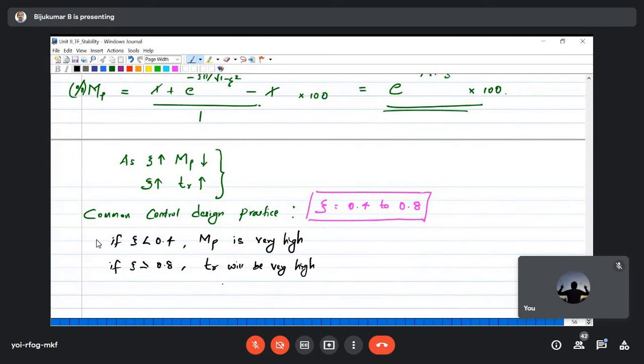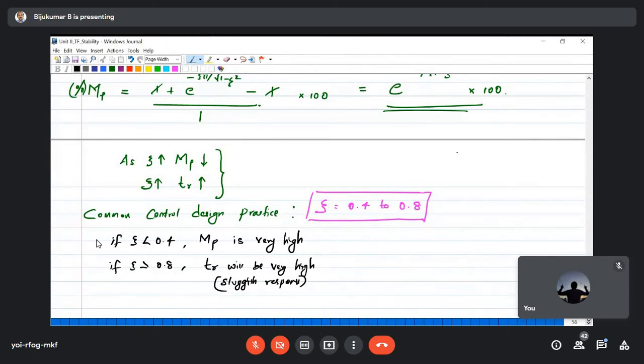That means we will get only a sluggish response. So a trade-off exists between rise time and peak overshoot.